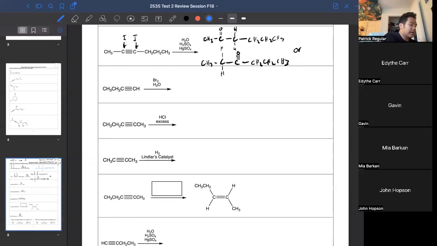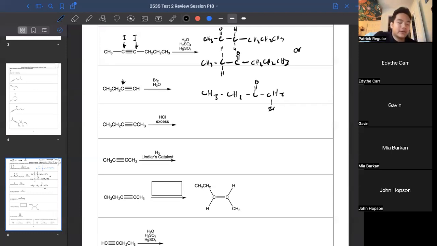And for this one, I'll just tell you, there's not much to talk about. You get a ketone and a halogenation. It's kind of it. You have water. It'll more likely just want to be on that internal side.